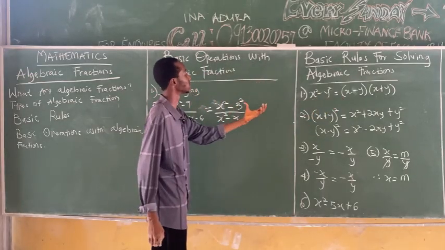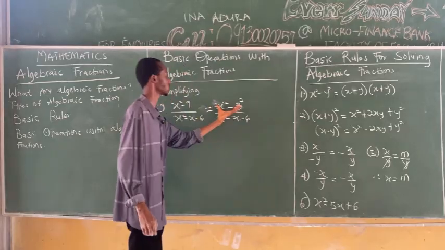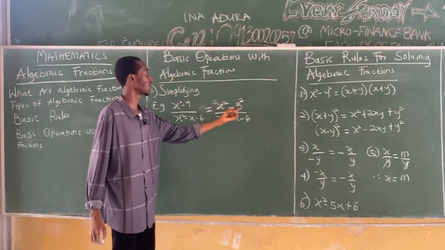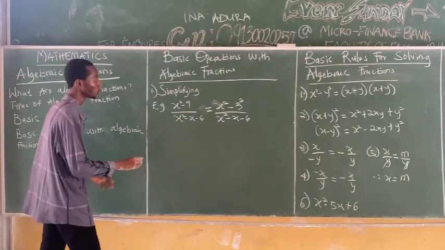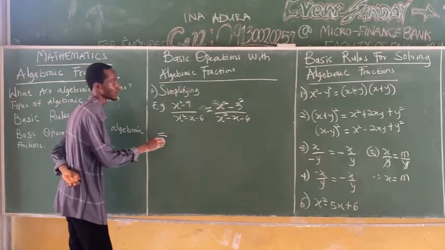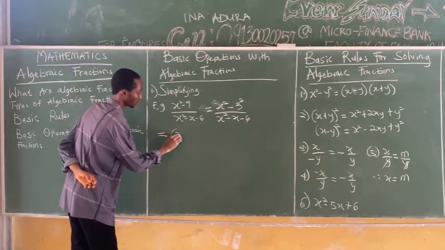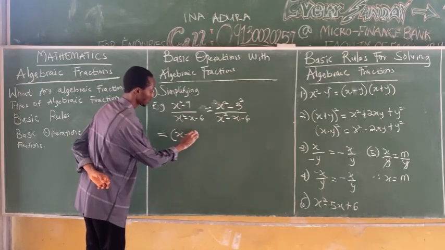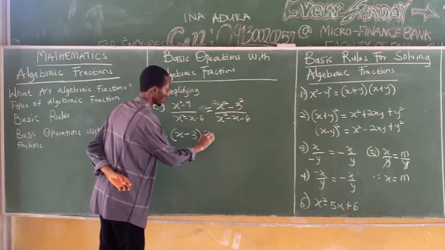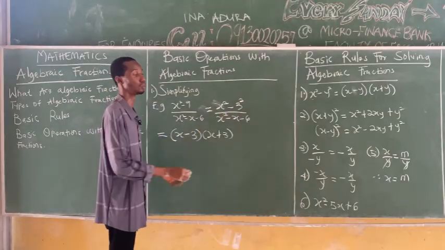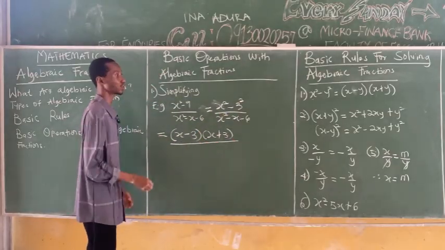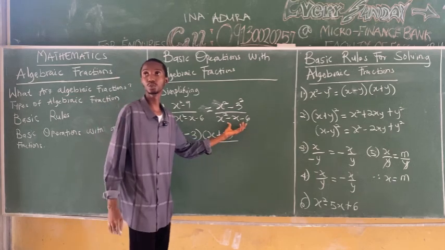You remember that this is a difference of two squares. You have x squared and you have 3 squared, two different squares. So what you do is you have x minus 3 into x plus 3. This is for the numerator. Now for the denominator, this is a quadratic equation.